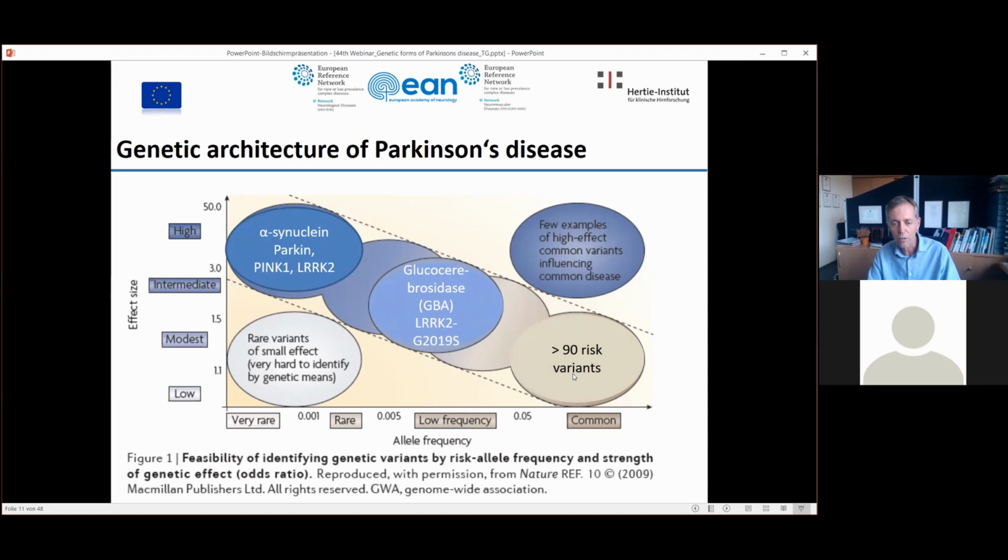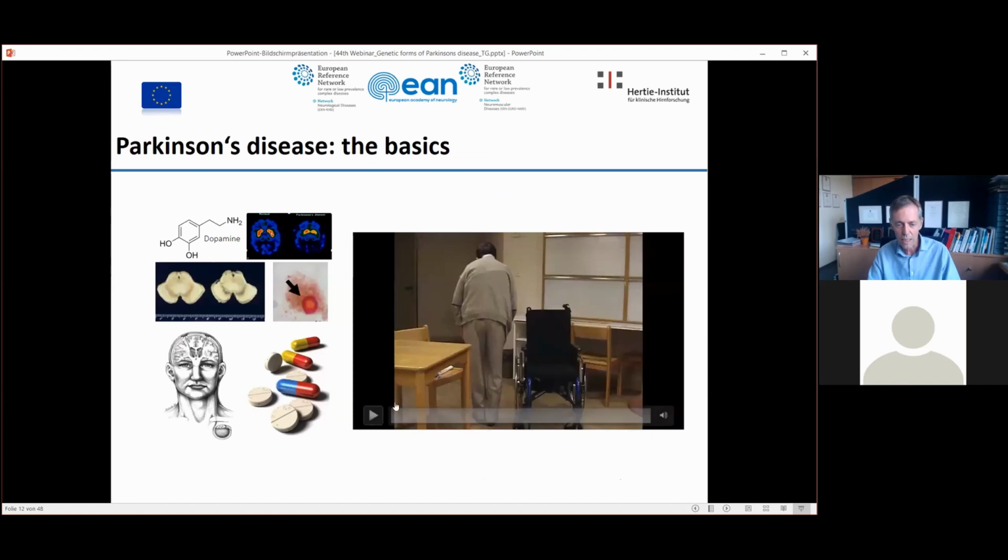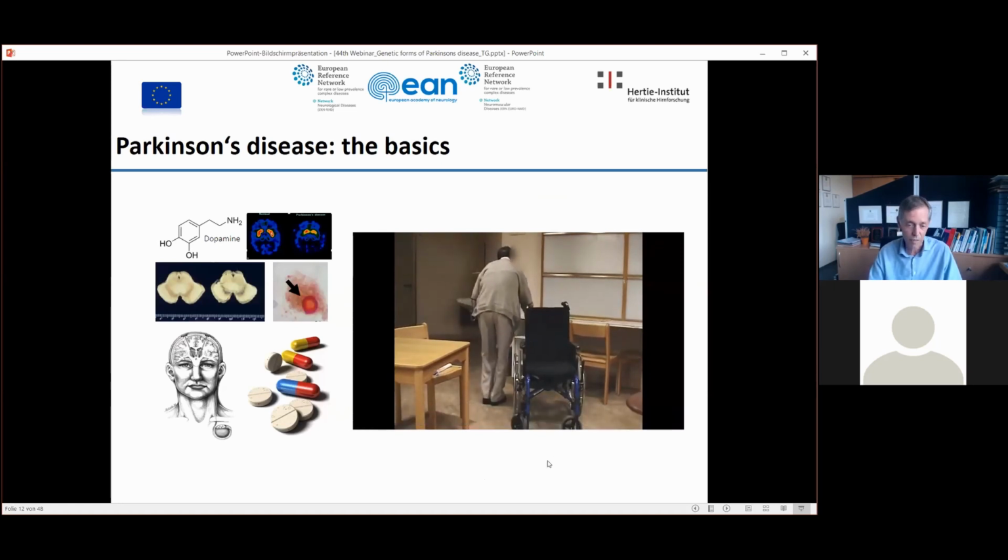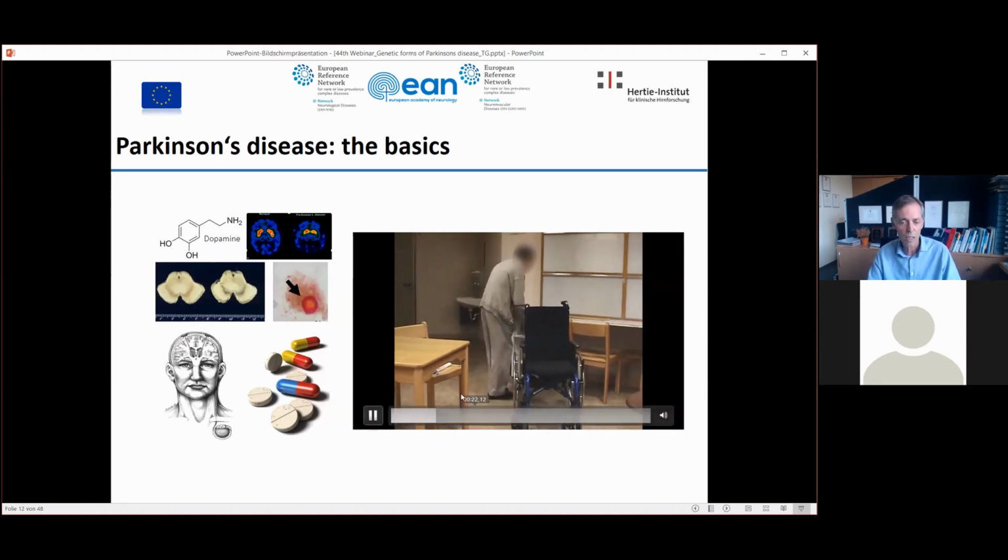So that's a general architecture of Parkinson's disease, and I will come back to this pattern during the talk several times. So let's start with the actual Parkinson's disease problem. We know that those Parkinson's patients have a specific clinical phenotype. They have a small stepped gait, they have a stooped posture, they have tremor.